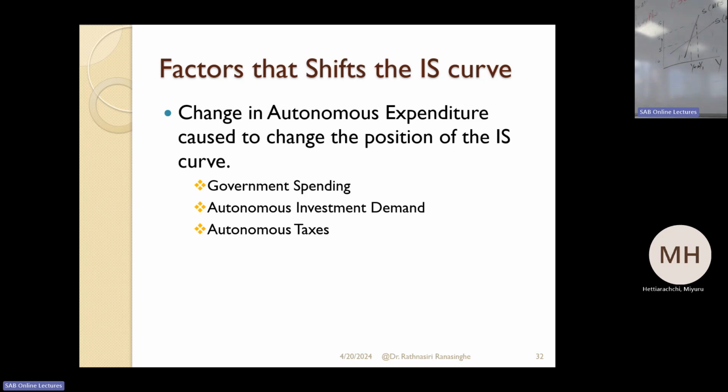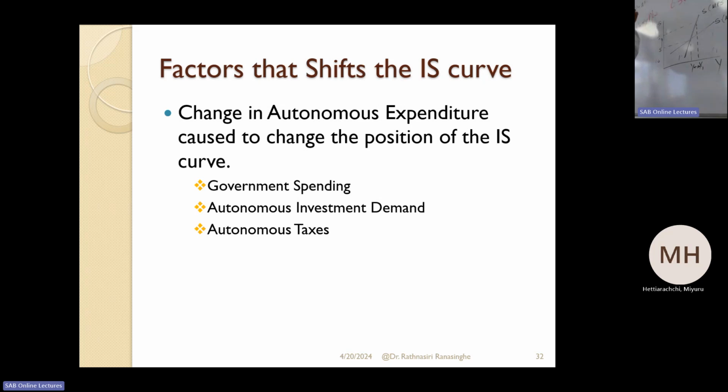Now, we know that these are the injections, like government expenditure, which have a positive impact on national income. All the autonomous expenditure changes will shift the IS curve to the right, because if there is a rise in government expenditure, there will be a positive impact on national income.